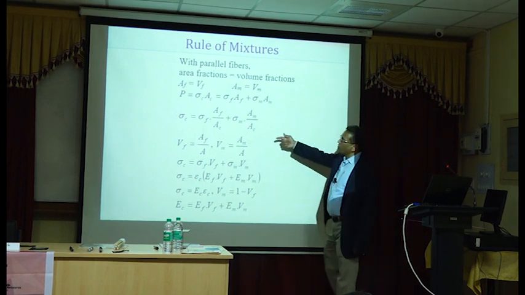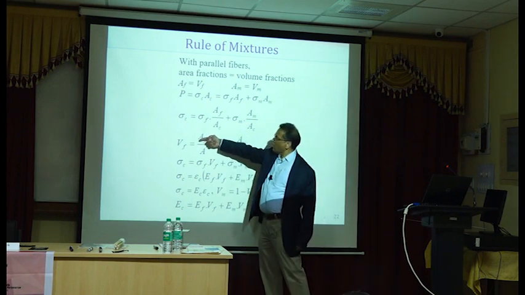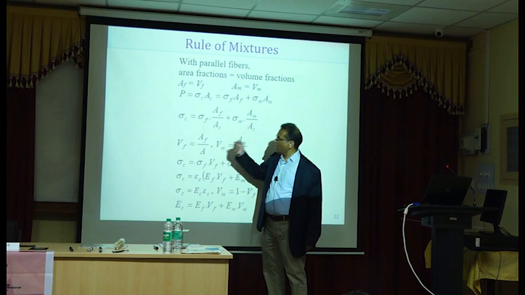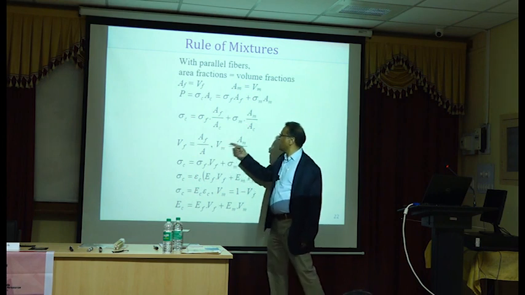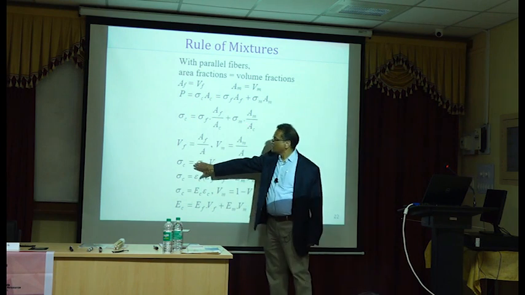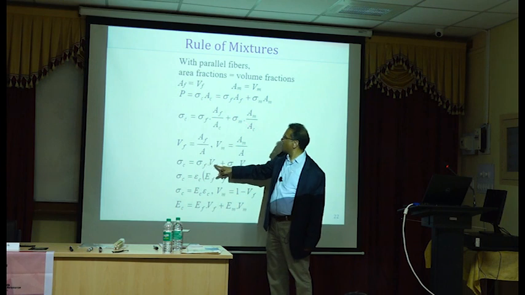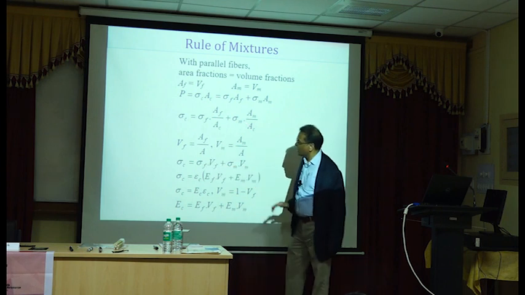Now, considering our volume fraction definition, VF equals AF over A. So, similarly, VM equals AM over A. Now, sigma C from here equals sigma F VF plus sigma M VM.